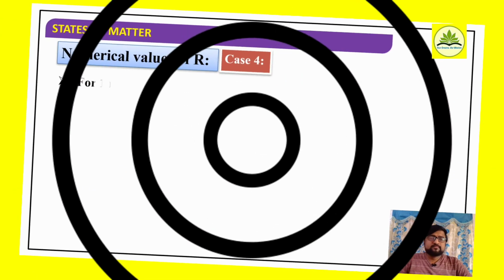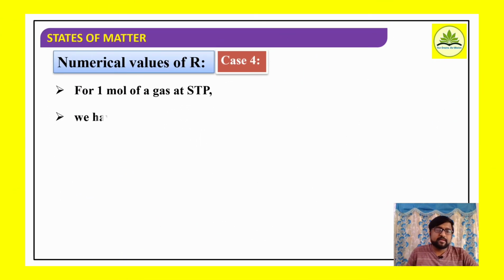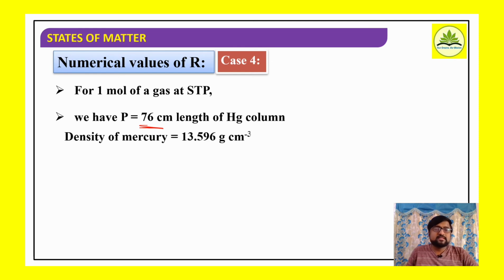Let us examine this. For 1 mole of gas at STP, pressure is 76 centimeter length of mercury column. In the CGS system, the density of mercury is 13.596 gram per centimeter cube, and gravitational acceleration is 980.6 centimeter per second square.